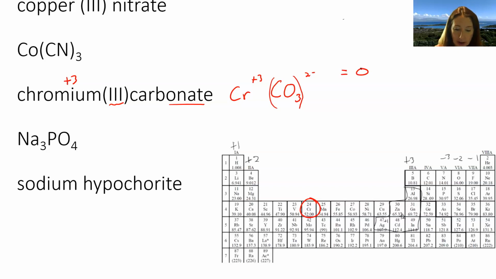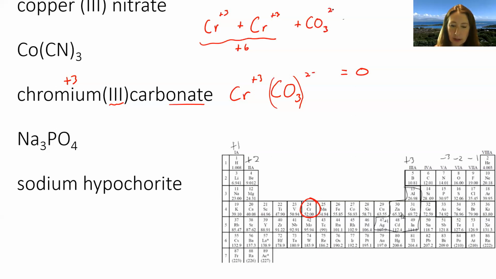So in order to do that, I'm going to try it like this, see if this helps. Right now we have one chromium and one carbonate. So we need one chromium, +3, +3. So we need 2 chromiums because these will be +6.